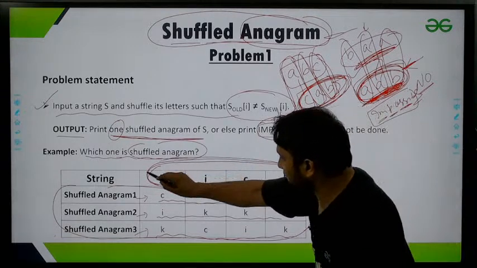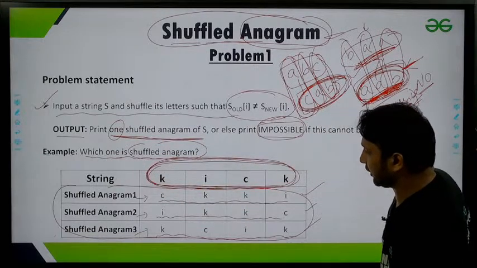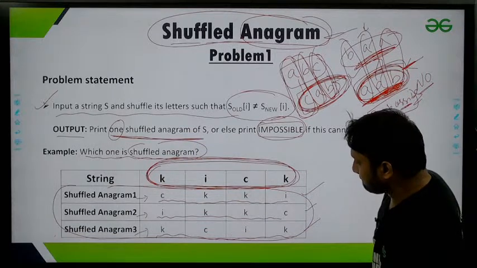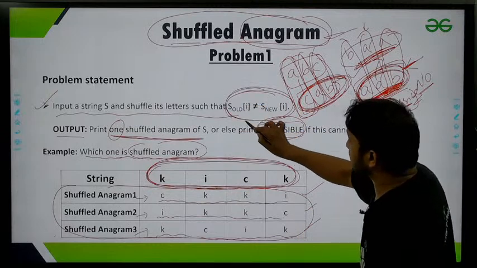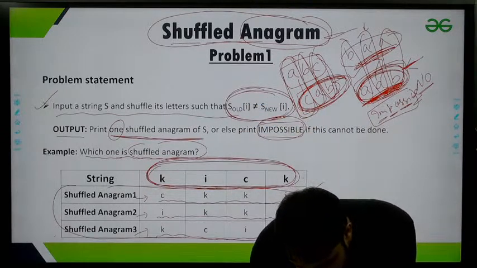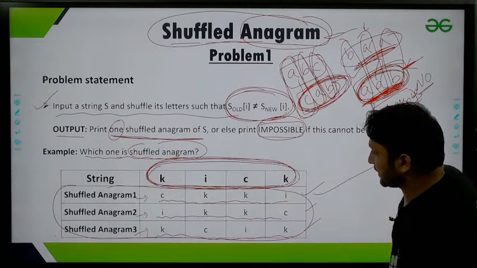This is our string kick. Four characters are there in this string, and I am trying to generate three different anagrams. But which one is right according to this condition? First one is the right one.